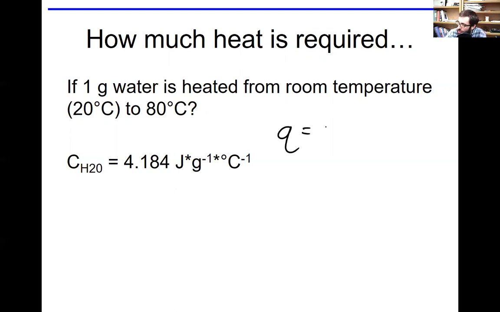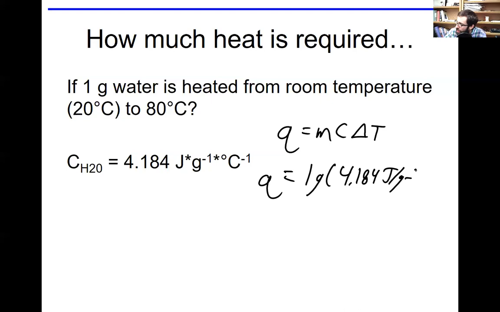So remember, we use Q equals MC delta T, where Q is the heat that we're calculating for, M is the mass, C is the heat capacity, and delta T is the change in temperature. Mass is 1 gram, that's given to us. C is also given to us, that's 4.184 joules per gram centigrade.